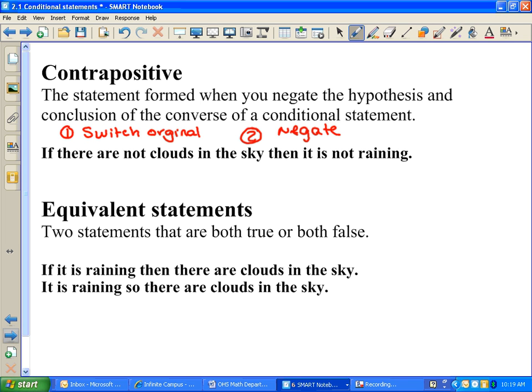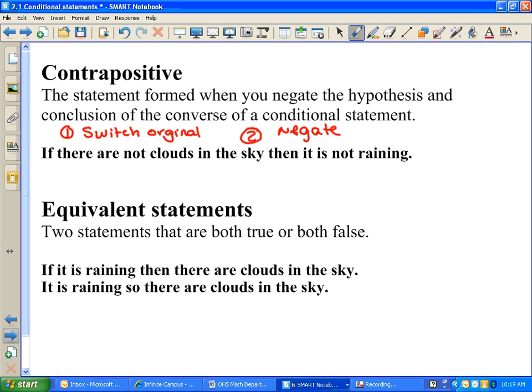Equivalent statements say that two statements are both true or both false. Two statements that say the same thing differently are either both true or both false. Like this one: if it's raining, then there are clouds in the sky. That's one way of saying it. It's an if-then statement. This one's not an if-then statement, but still a statement: it is raining, so there are clouds in the sky. It means the same thing, right?